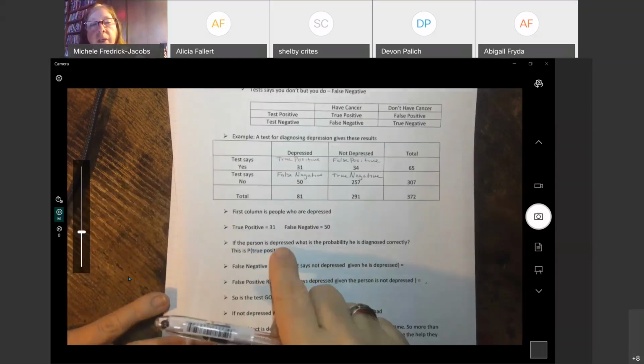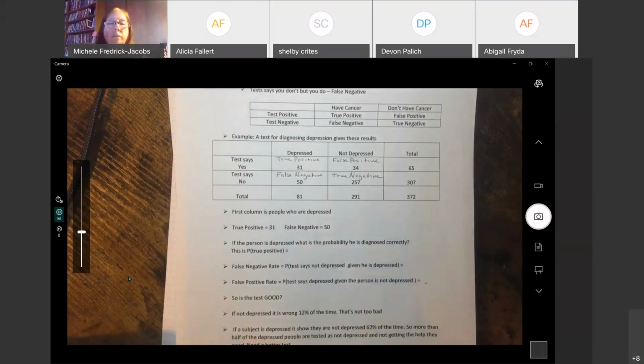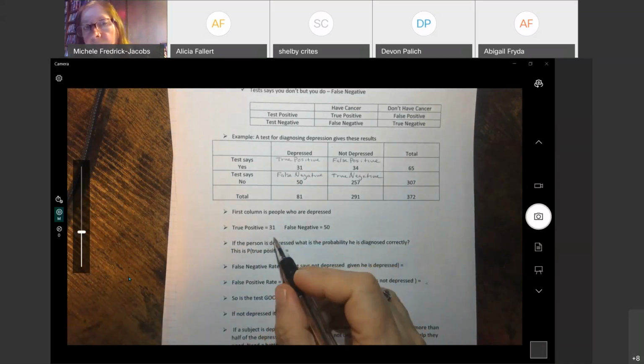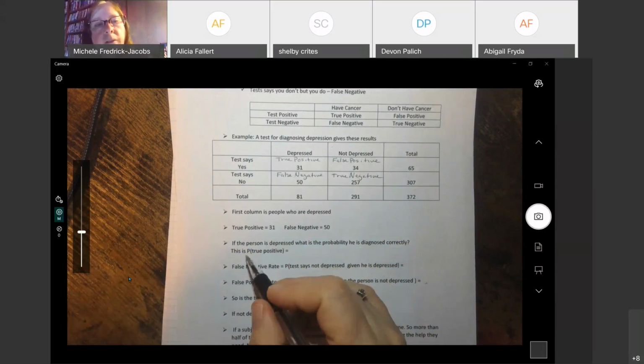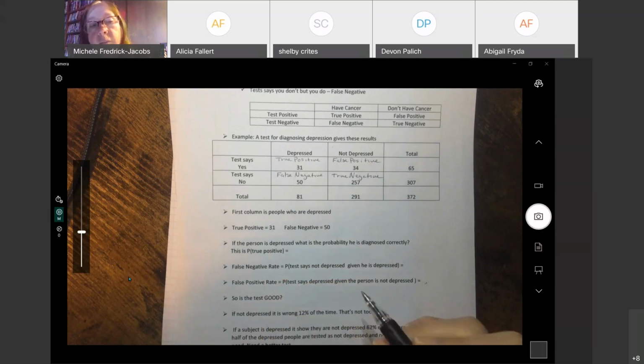If the person is depressed, what's the probability he is diagnosed correctly? Notice that if the person is depressed, we're already given they are depressed. This is called the probability of the true positive, or a true positive rate.